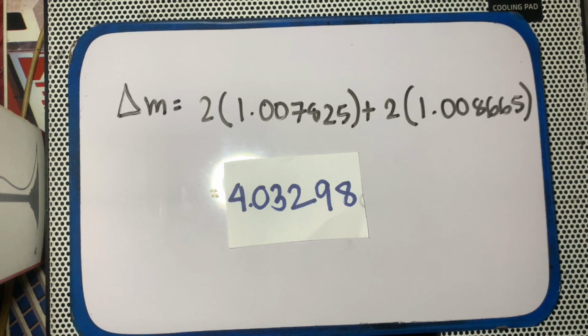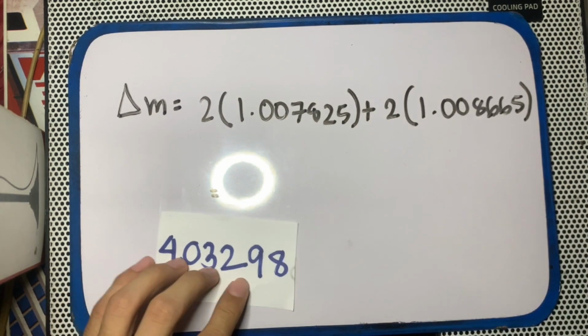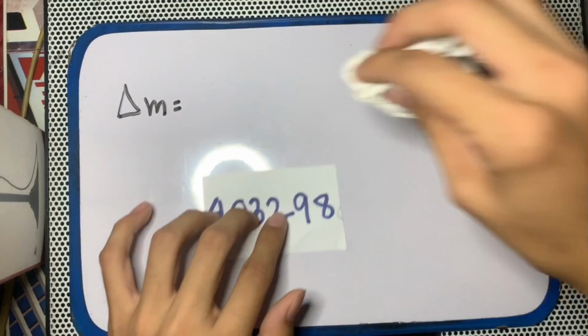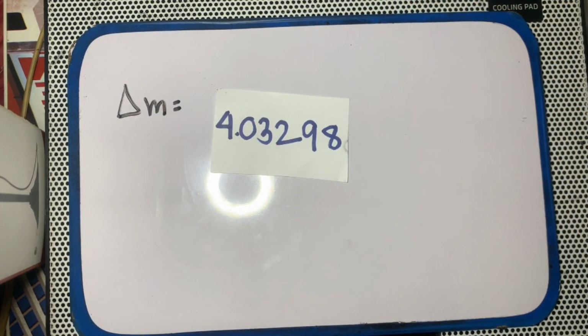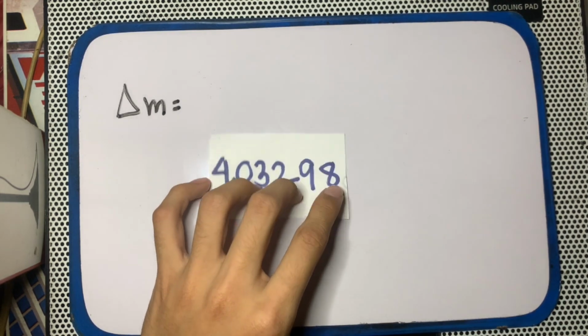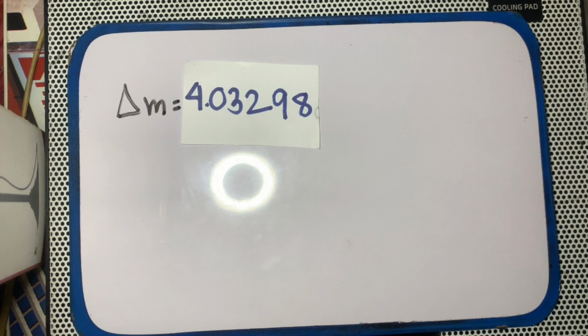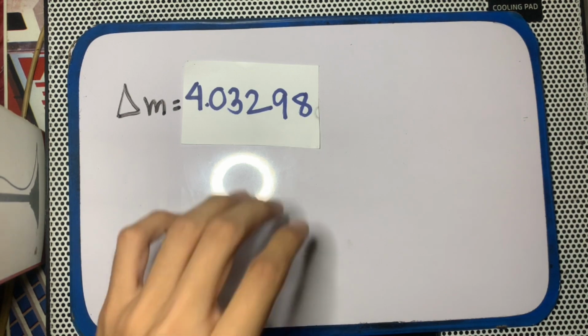In this case of helium-4, the mass defect indicates a loss in mass. So we need to subtract. We need to find the difference between mass of the nucleus and the sum of the masses of its individual proton and neutron. So ito na po yung sum of individual proton and neutron natin. Then we need to find the difference between mass.